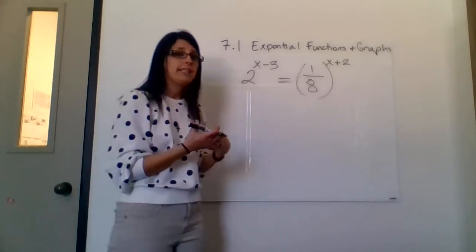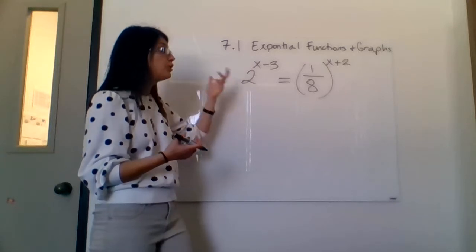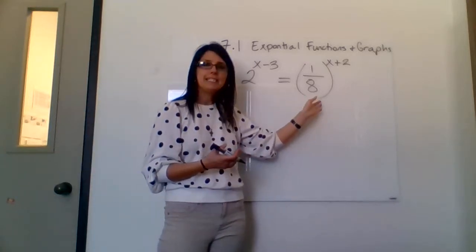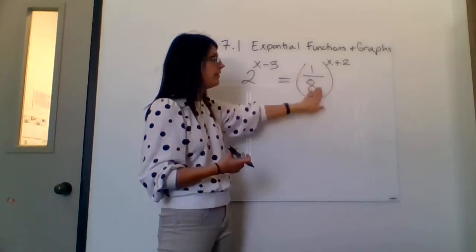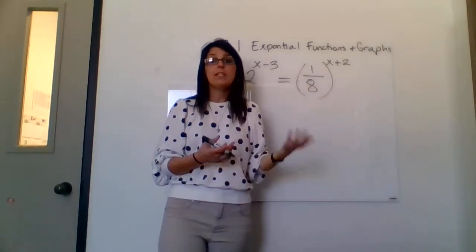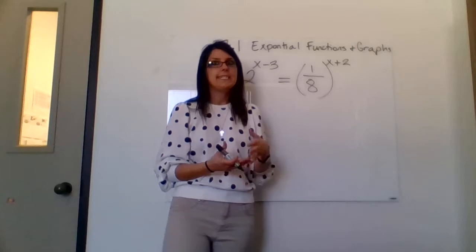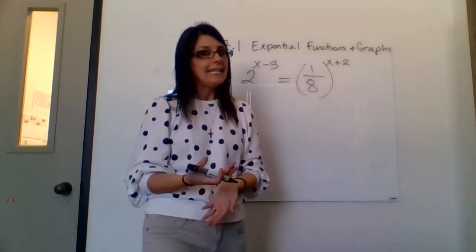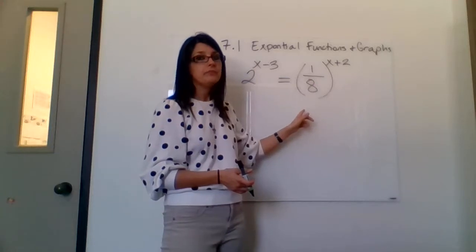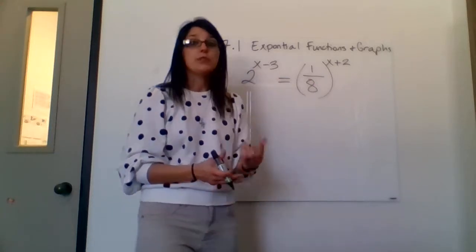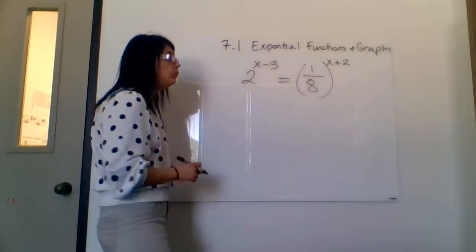I see automatically that 2 to the third power gives me 8. So I could leave the 2 alone and just focus on rewriting the other base with a base of 2. 2 to what power would give me 1 over 8? -3.